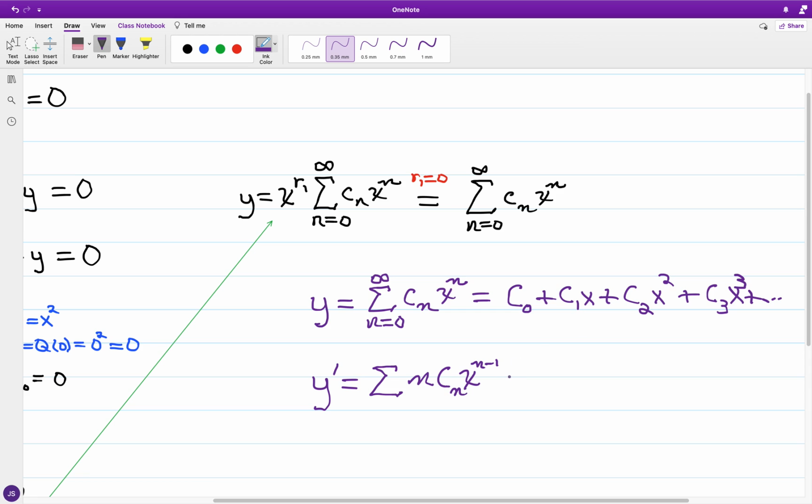Taking the first order derivative of these terms, c naught, the derivative goes out, so the first term is c of 1, then plus 2 c2x, plus 3c3x squared. So in this particular case, we have n going from 1 to infinity of the summation of ncn times x to the n minus 1.